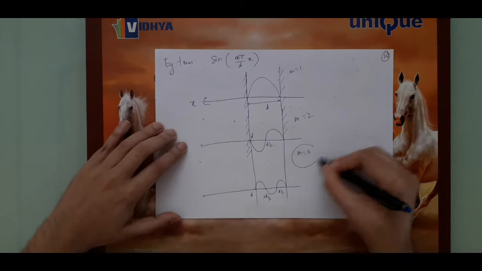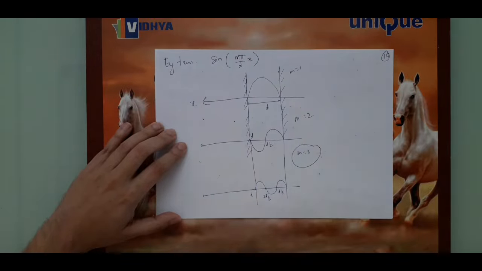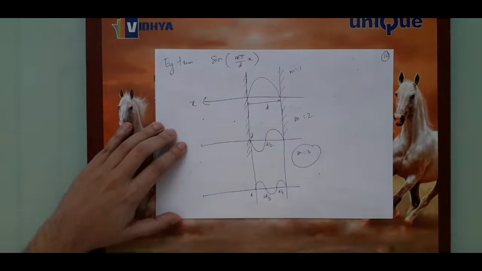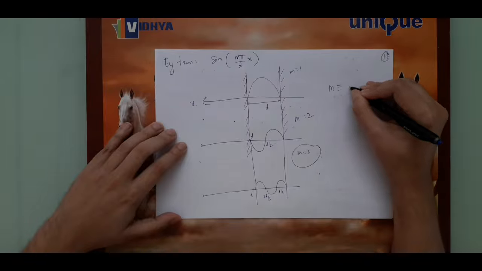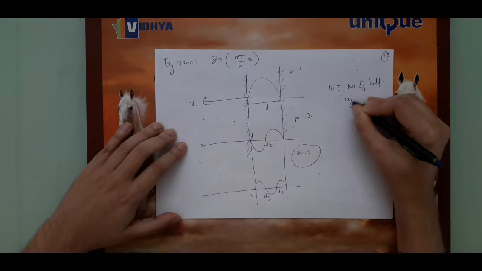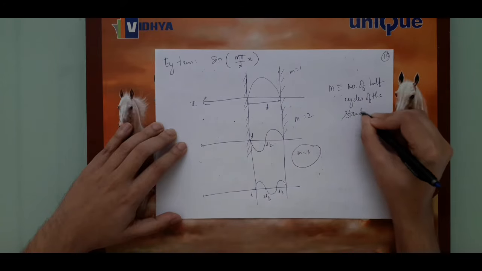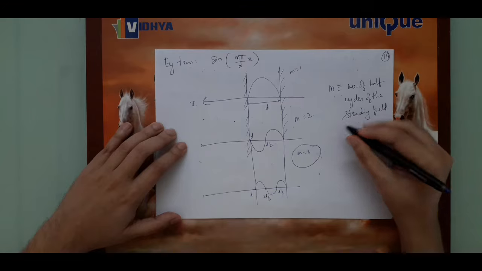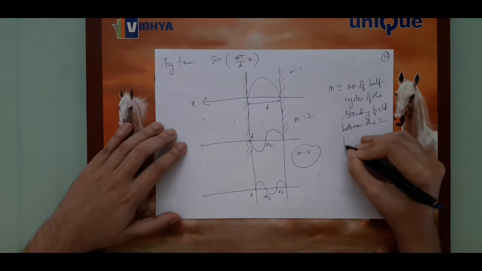So it is interesting to note that the number m is actually telling us how many half cycles of the field variation are existing. So m is the number of half cycles of the standing field. It's standing, we proved this, between the two plates.